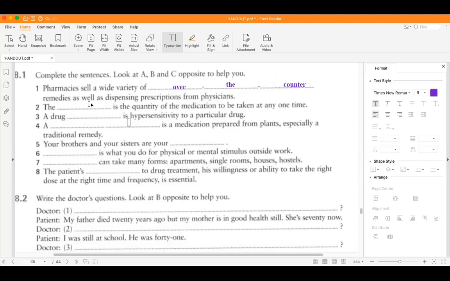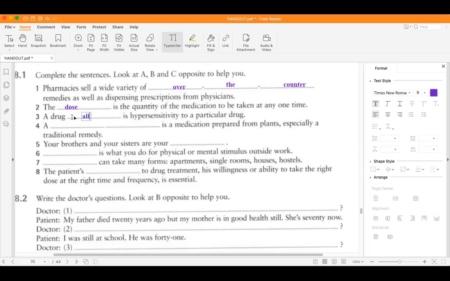Number two, the blank is the quantity of medication to be taken. So it's the dose. The dose is the quantity of medication. Number three, what is hypersensitivity to a particular drug?